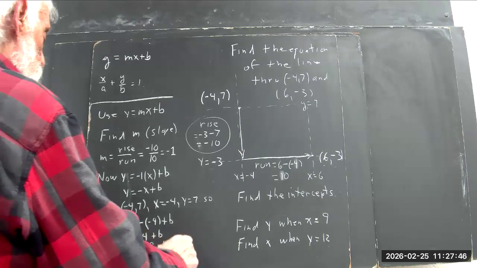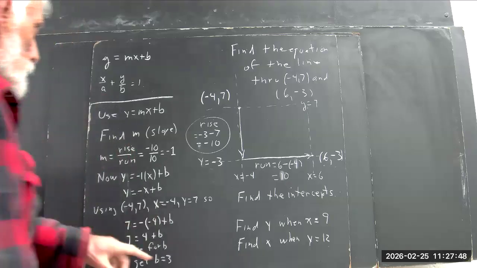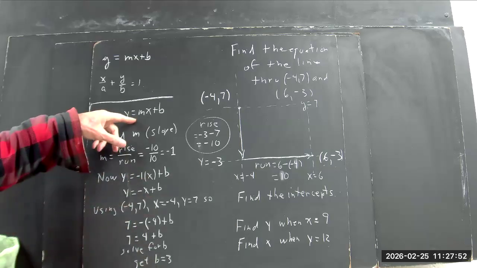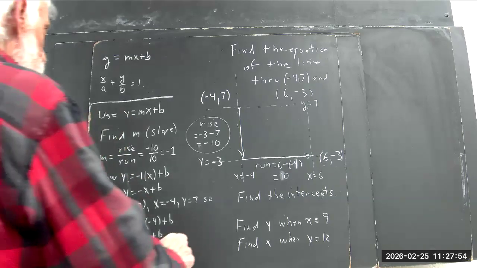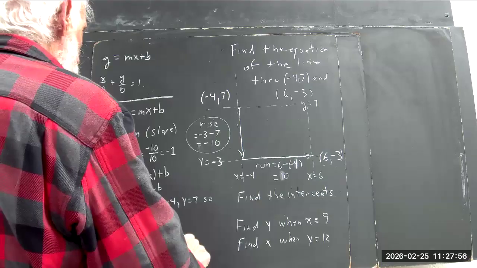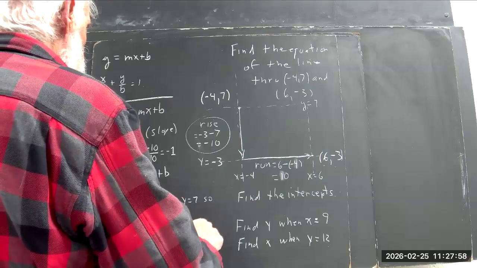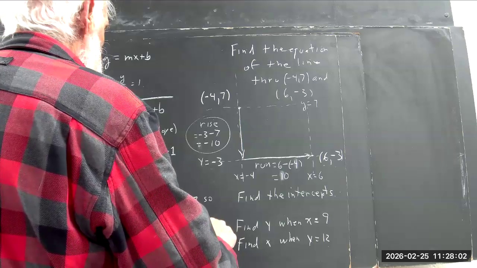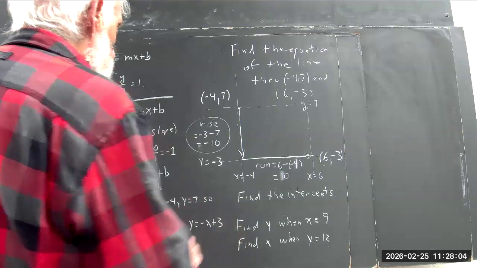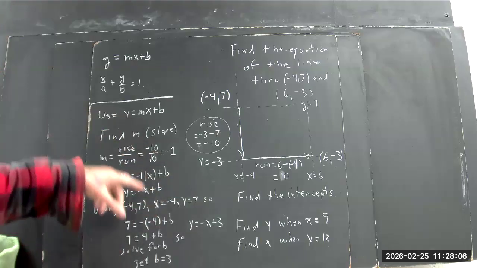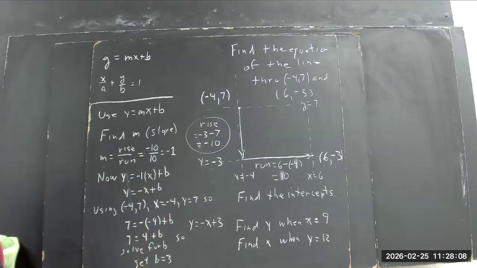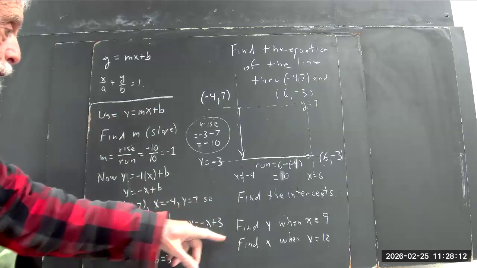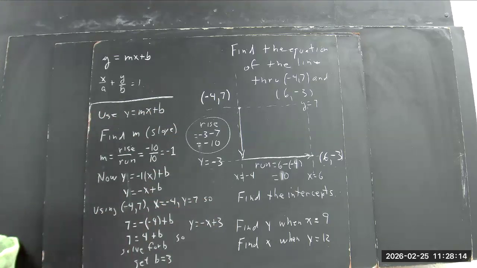And okay, now that we know b equals 3 and m equals -1, we've got a number for m, which is -1. That gives us y equals -x. And we got a number for b, which is 3. Okay.